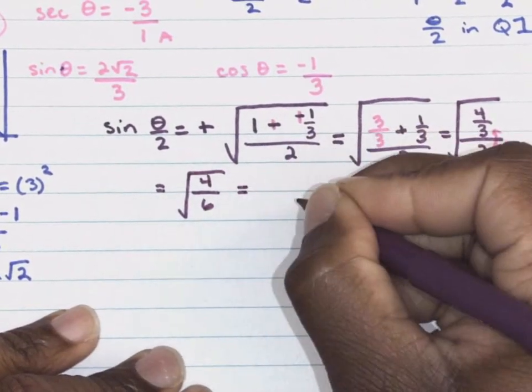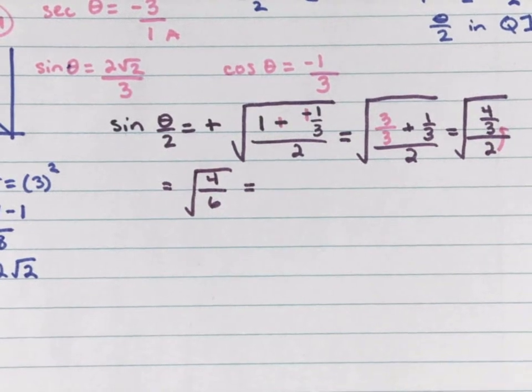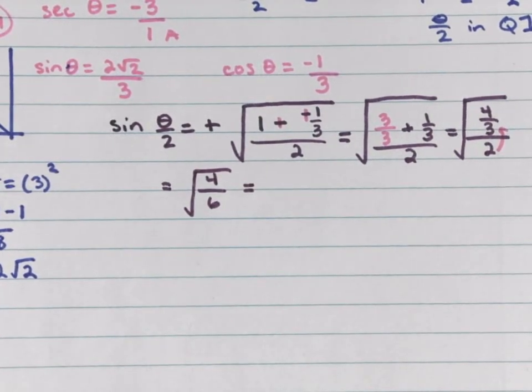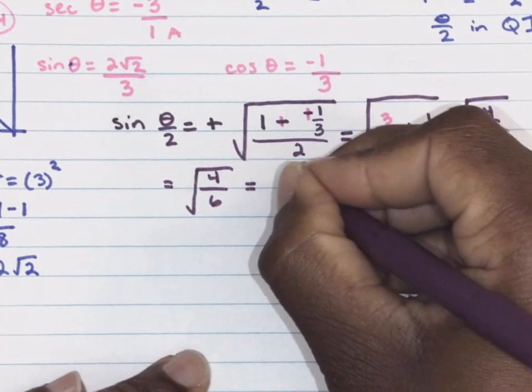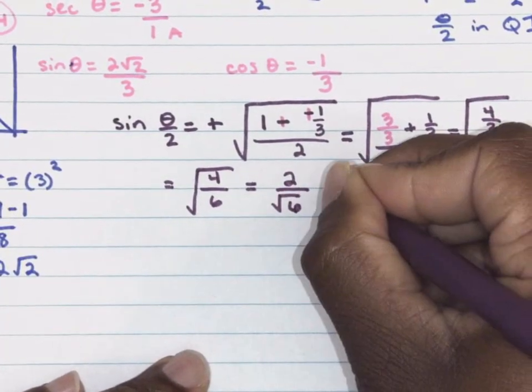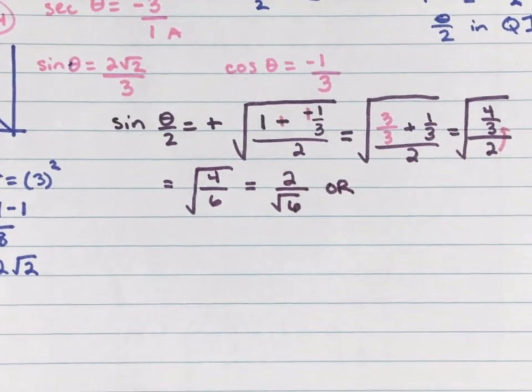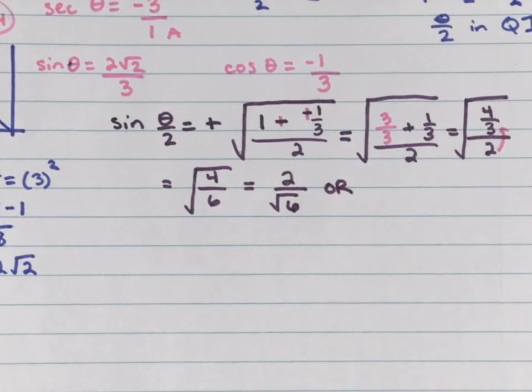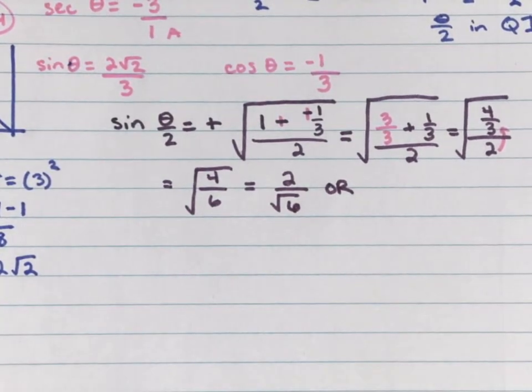I reduce it, or actually, let's see, do I want to reduce it? How about I do the square root of 4 is 2 over root 6. And we can leave it as that, or we rationalize it. We end up having to reduce it anyway.